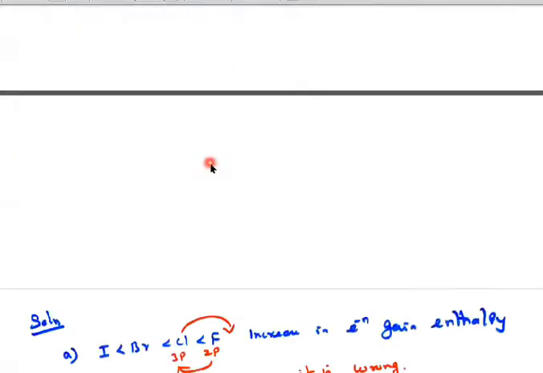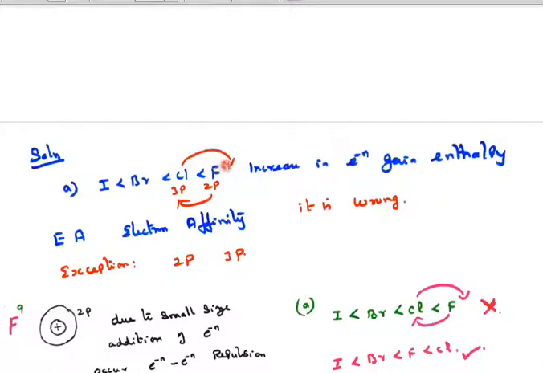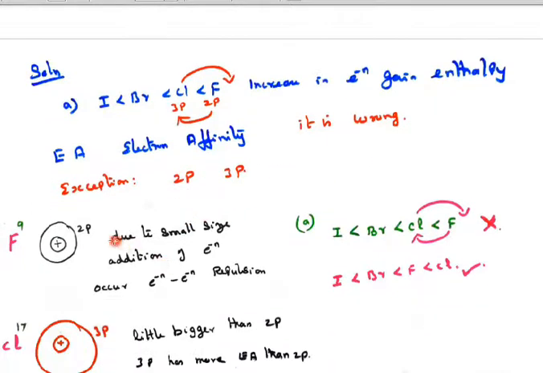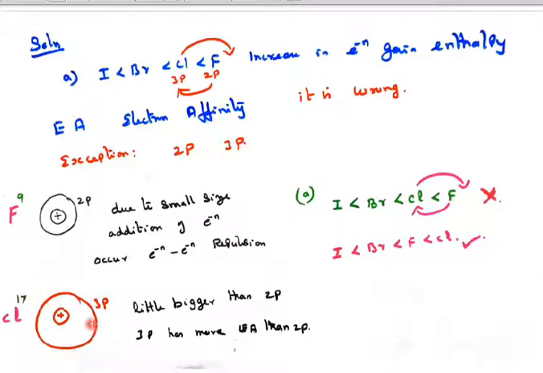It does not agree; just see the explanation. Fluorine should go to the place of chlorine and chlorine should come to the place of fluorine, because this is 3p and this is 2p. In the increasing electron gain enthalpy order, electron affinity is wrong, because fluorine is of small size, and addition of an electron causes electron repulsion. So fluorine should go to the place of chlorine, and chlorine should come to the place of fluorine, because fluorine has more charge density. As the size increases, we can add an electron, meaning it will automatically accept.